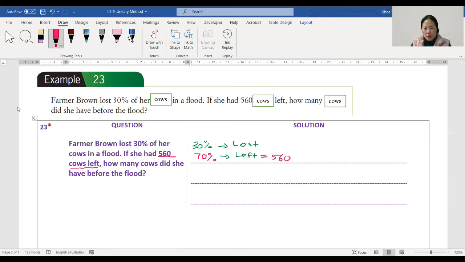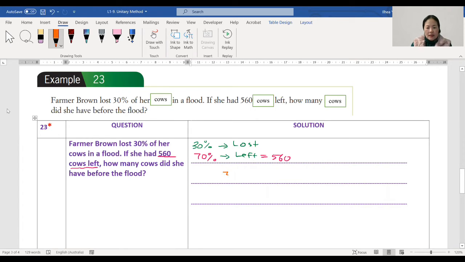So this is very important, guys. You really need to read the question here. The 560 that is given is how many cows are left after the flood. Now we have to find the total cows before the flood.